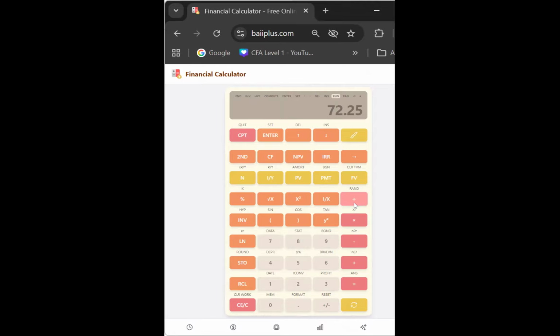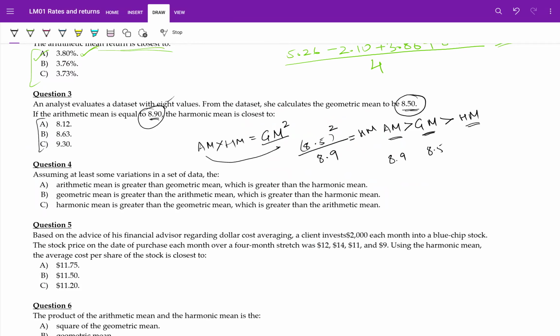Now I'm going to divide this by 8.9, and this will be equal to 8.12. Yes, we do have an option 8.12. So this is actually how we apply the concepts in calculation.